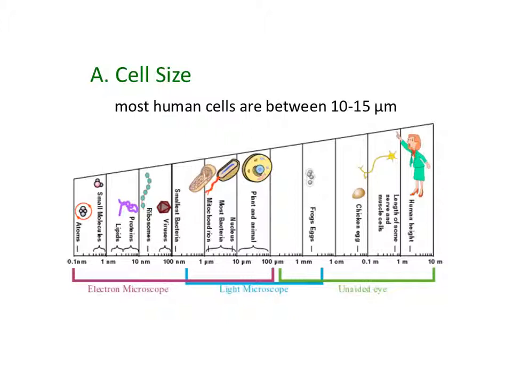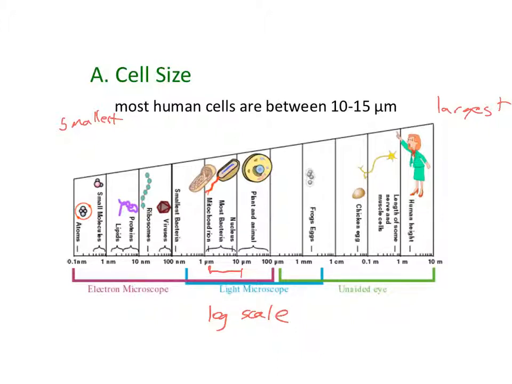So if we look at where we orient to size, the scale down here is showing a range of sizes from smallest to largest on the left. This is a log scale, which we talked about when we talked about pH, so that basically every step, if you go from 1 micron to 10 microns, there's 1 log, and you multiply by 10 every time you go up.